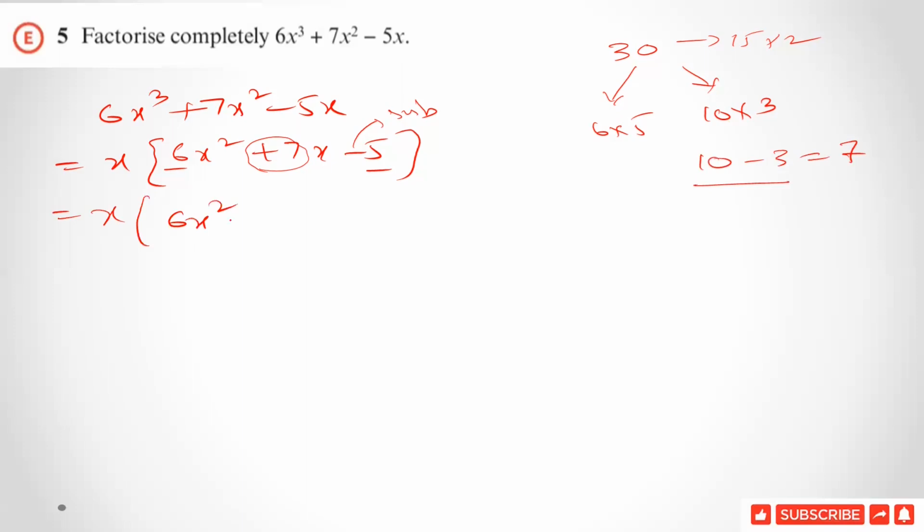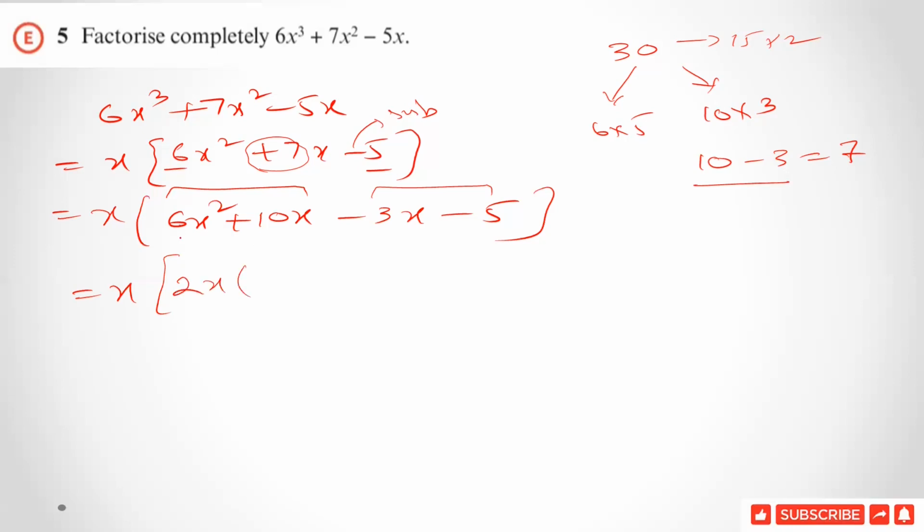6x squared plus 10x minus 3x minus 5. Now here, again I take these two and these two terms to take common. 6 and 10 have 2 as common, x square and x have x as common. So we are left with 3x, because 2 times 3 is 6, and here x, because we divide x squared by x, we get x only, plus 5, because 2 times 5 is 10 and x is already outside, so we leave it as it is.